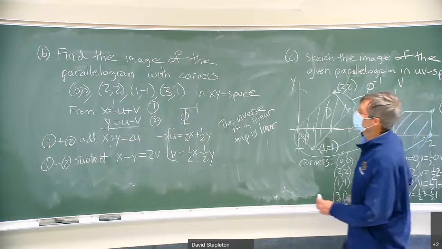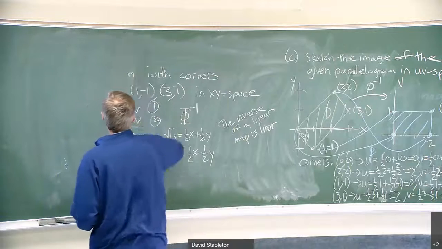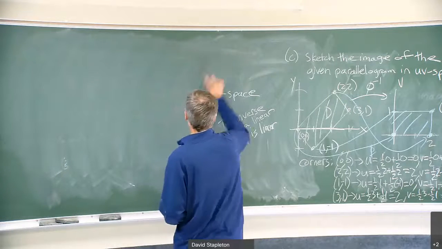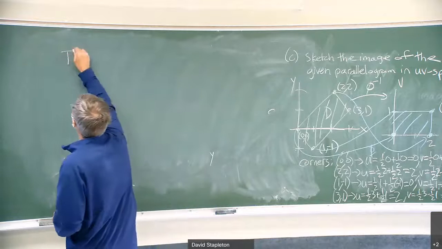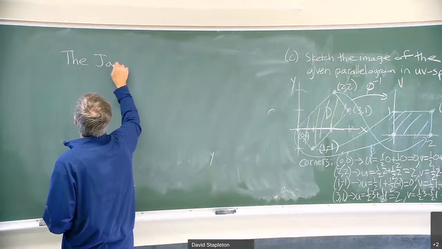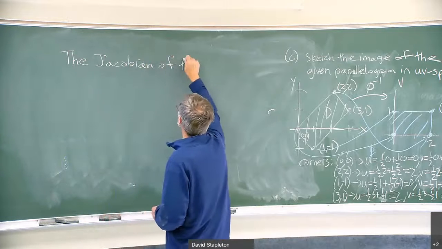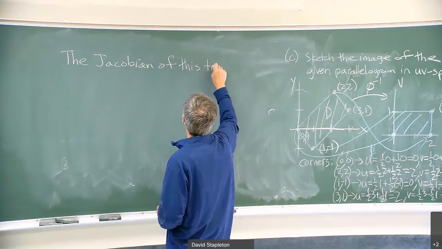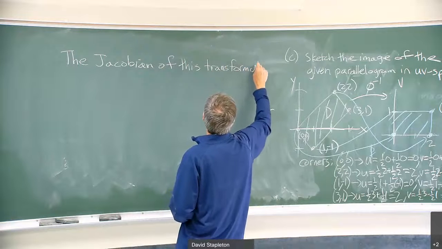let's find the Jacobian of the transformation now. The Jacobian of this linear transformation is actually constant for a linear transformation.